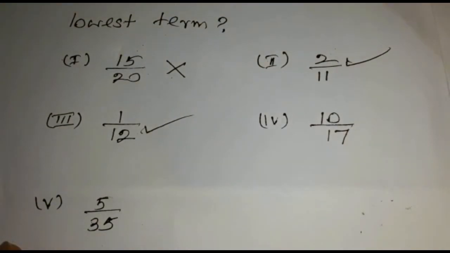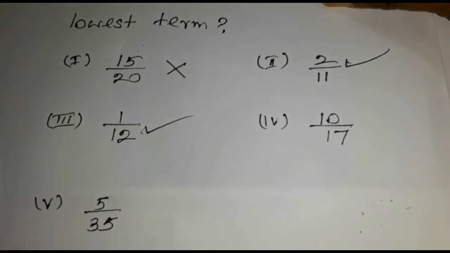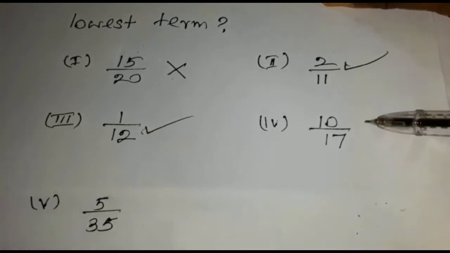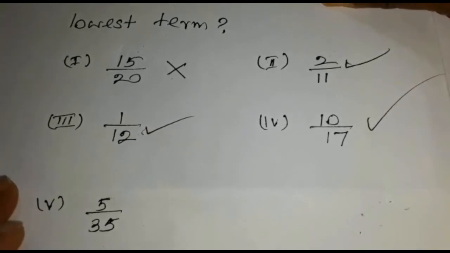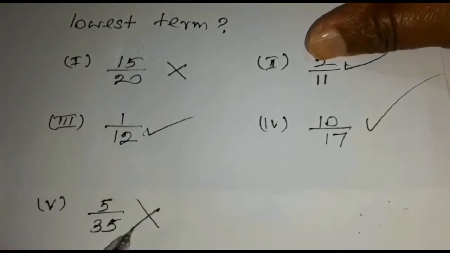Fourth one, 10 over 17, also we can't divide by any number, so 10 over 17 is the lowest term. Last one, 5 over 35 we can divide by 5, so 5 over 35 is not the lowest term.